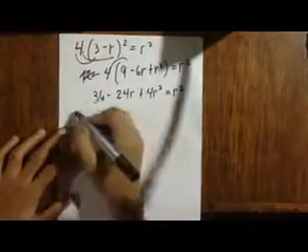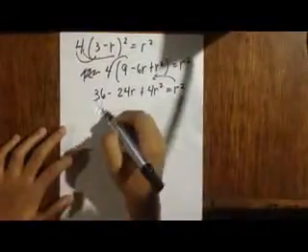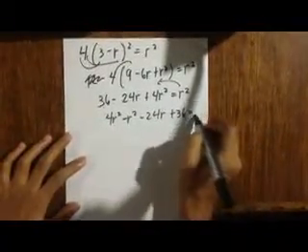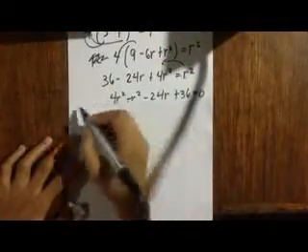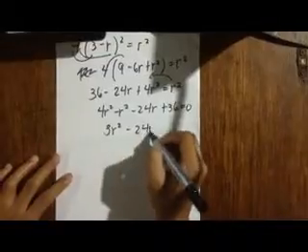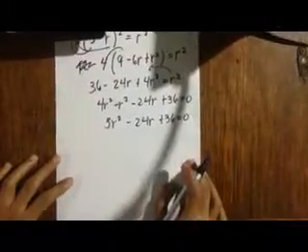So we have in here our equation. So transposing R squared to the left side of the equation, we have 4R squared minus R squared minus 24R plus 36 is just equal to 0. Simplifying further, we have 3R squared minus 24R plus 36 is just equal to 0.